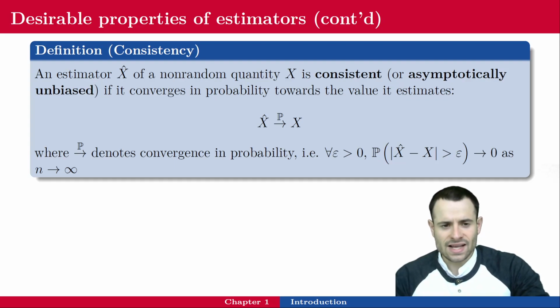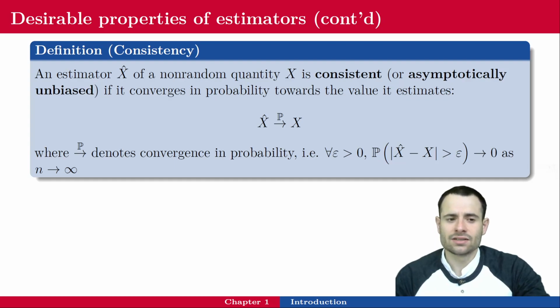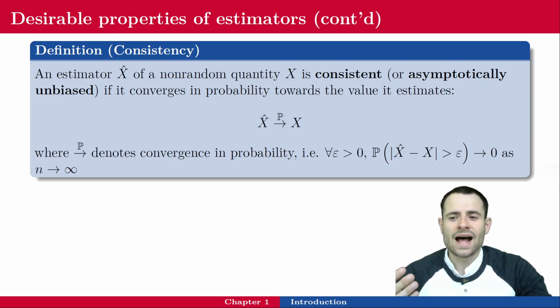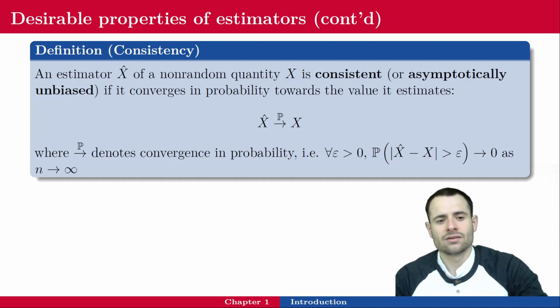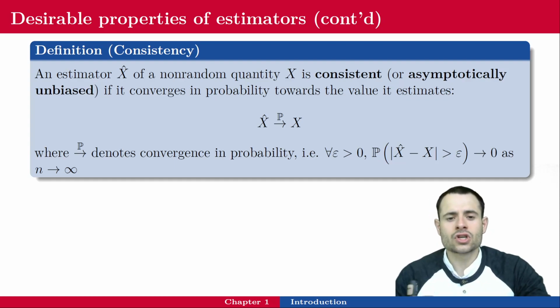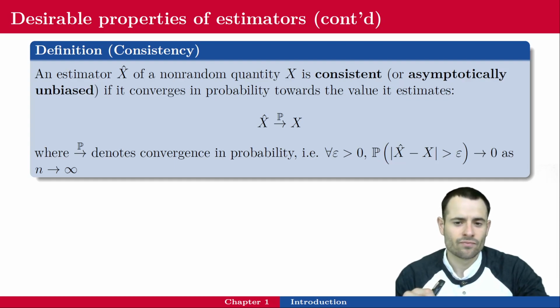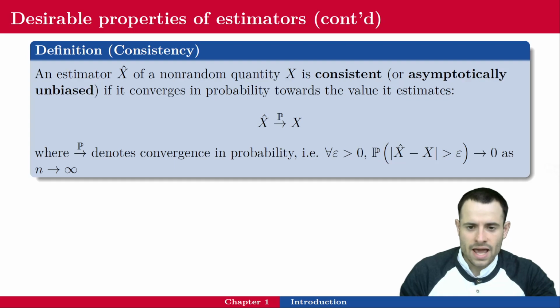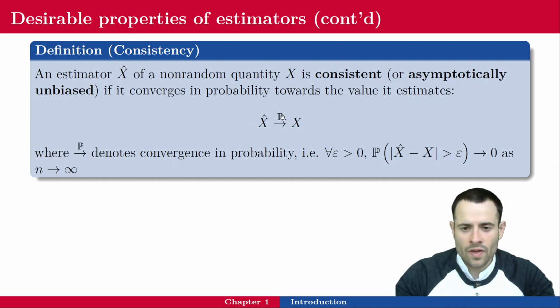An estimator x hat is said to be consistent, or we also say asymptotically unbiased, if it converges in probability towards the value it is trying to estimate. And we write it as x hat, arrow with the p with a double bar, x.